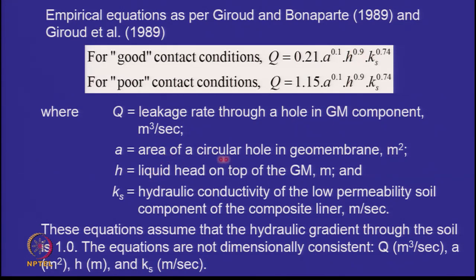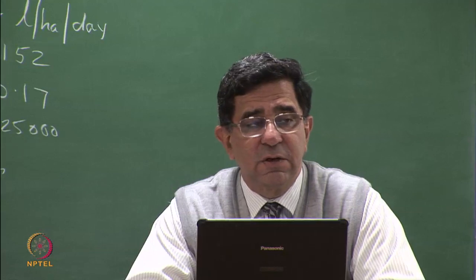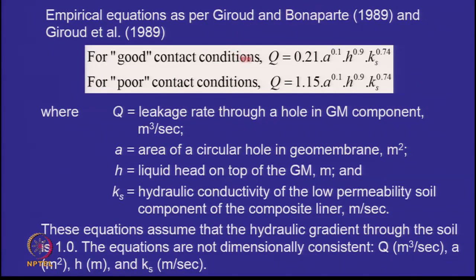If you use the area in meters square, the head in meters, and Ks in meters per second, then you will get the Q in meters cube per second, right? So per hectare we have to compute the quantity of leachate. Please note the first formula, substitute the values, and this is for one hole, and if there are 2 holes in a hectare, you'll have to multiply it by 2.